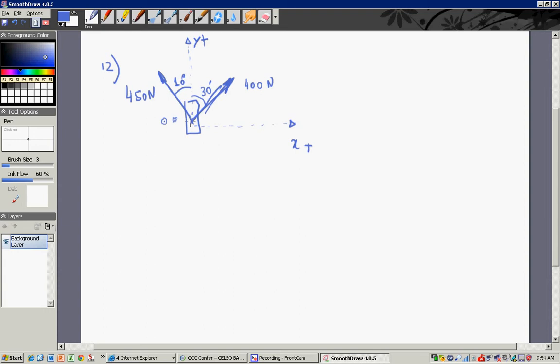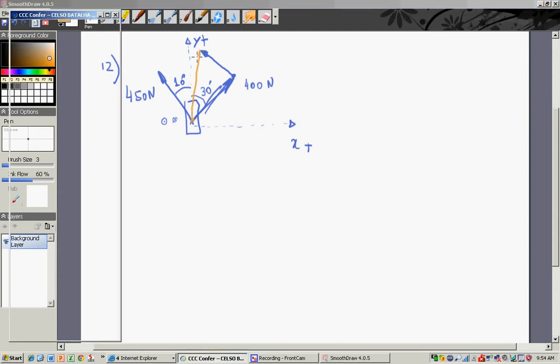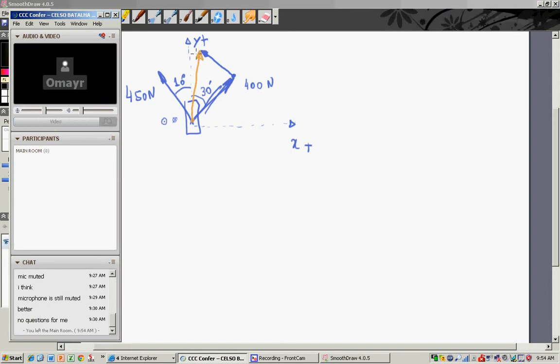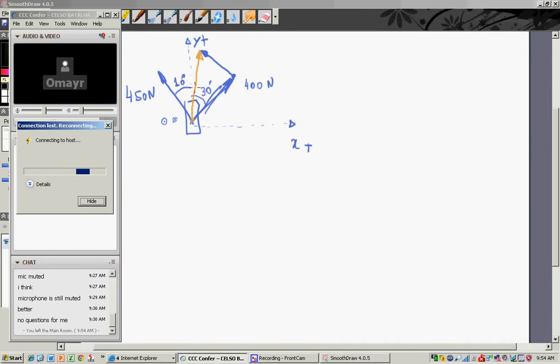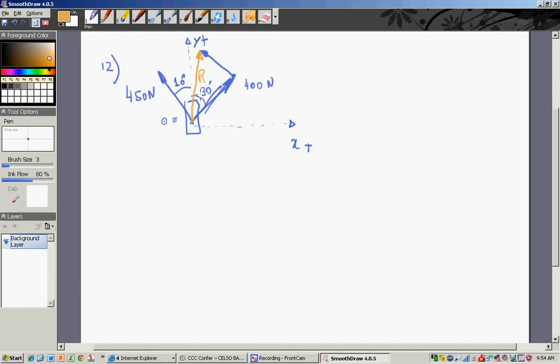You fix one of the vectors, like this one, the 30 Newton, and then you bring the tail of the second vector, place it on the head of the first vector, and transpose it. And then your resultant will be this vector here.